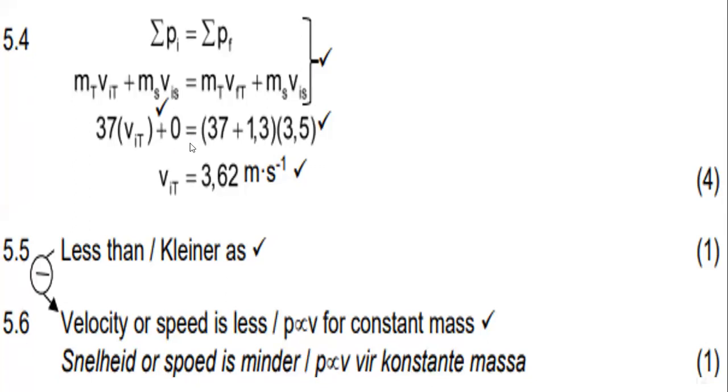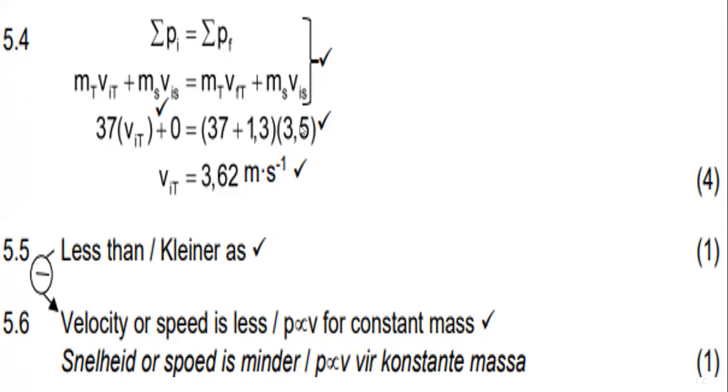It's equal to, here, because the skateboard and Thabo were now one unit, we take out the velocity as a common factor. So when we take it out as a common factor in brackets, it means we must add the mass of Thabo to the mass of the skateboard. And that's what we have done. It's 37 plus 1,3.